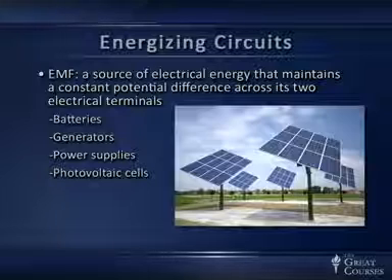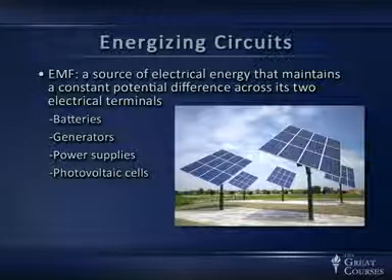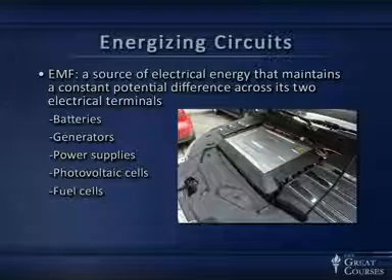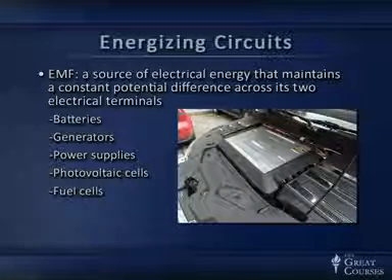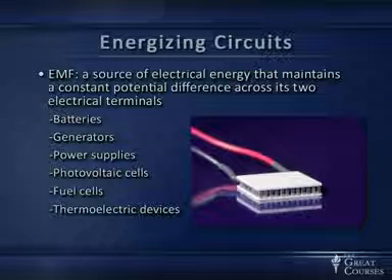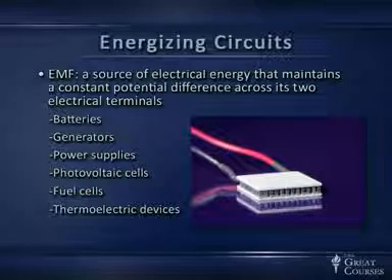Photovoltaic cells that we use to generate electricity from sunlight are EMFs, sources of EMF. Fuel cells that we may use someday to power hydrogen-fueled cars. And finally, thermoelectric devices which convert heat relatively inefficiently into electricity. Those are all examples of EMFs, sources of electrical energy that can energize circuits.